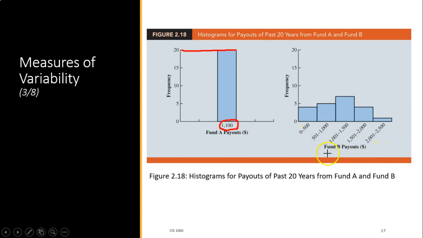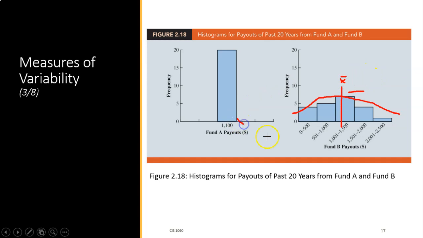However, over 20 years for Fund B, this one over here is Fund A, there has been variation, and now we can start to see this kind of distribution. So now we can calculate an average, we can calculate some variance, etc. This allows us to make some stronger predictions.